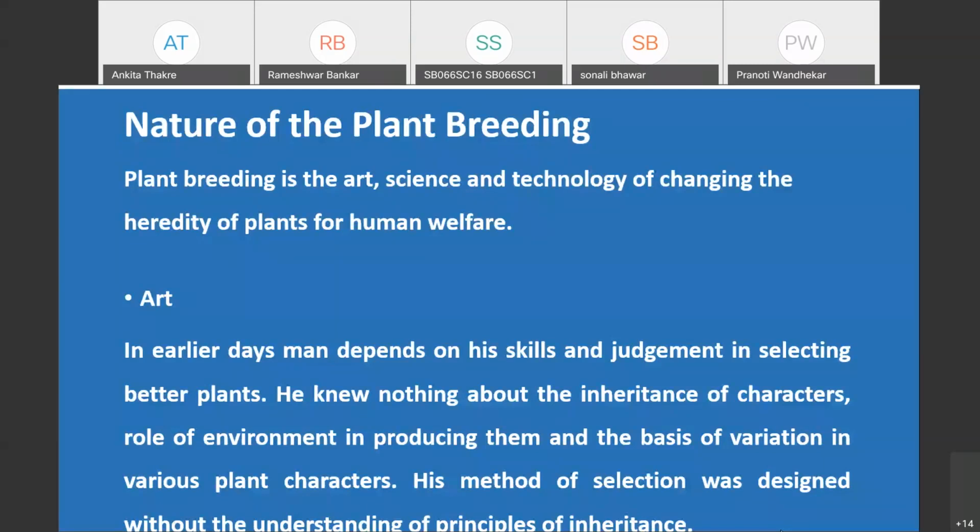That's why his method of selection was designed without the understanding of principles of inheritance.